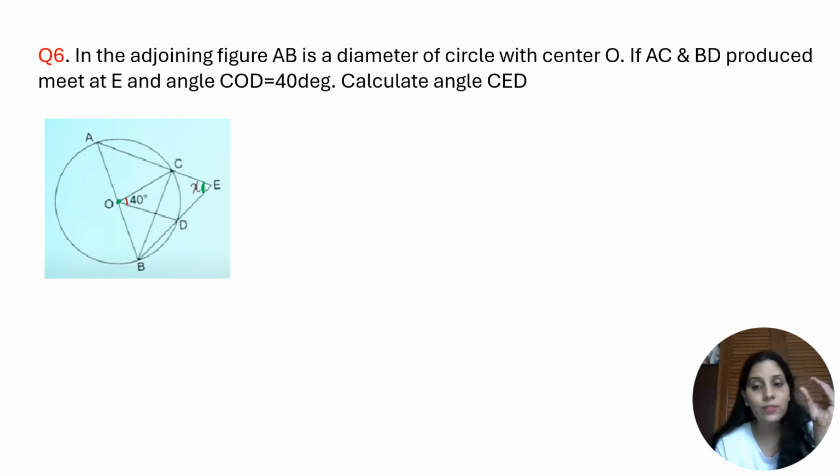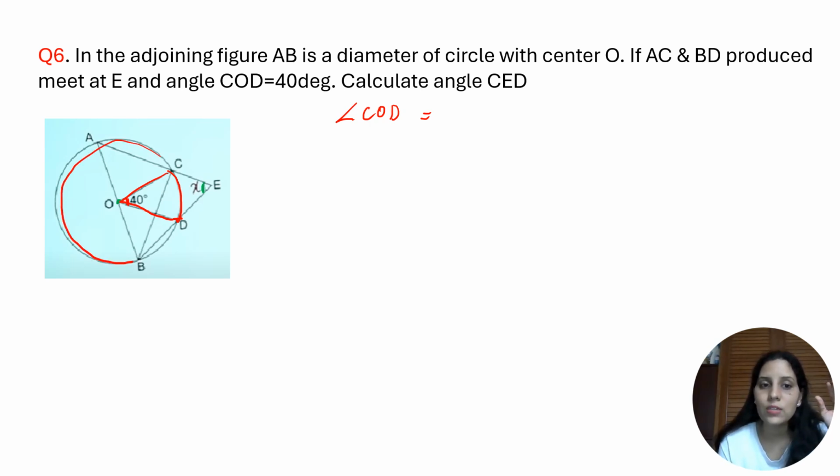This is the center angle. So whenever you have the center angle, you get that theorem in mind that yes, the center angle is double the angle subtended anywhere on the circumference of the circle. So I can write that angle COD, this is my center angle formed by these two and this arc, is double the angle subtended anywhere on the remaining part of the circle.